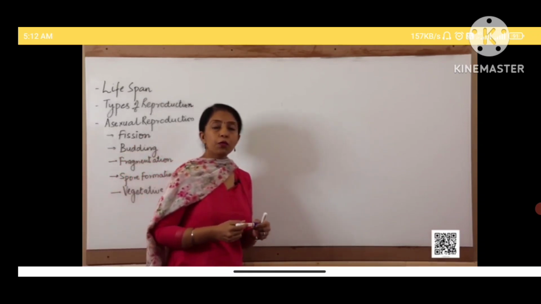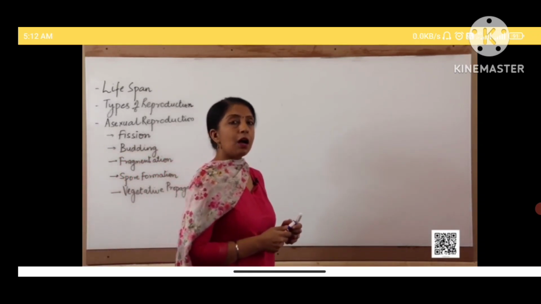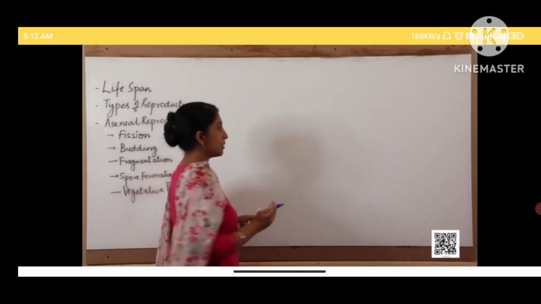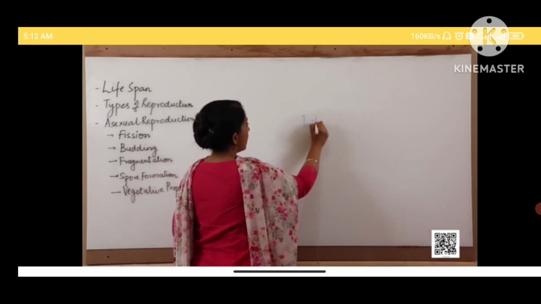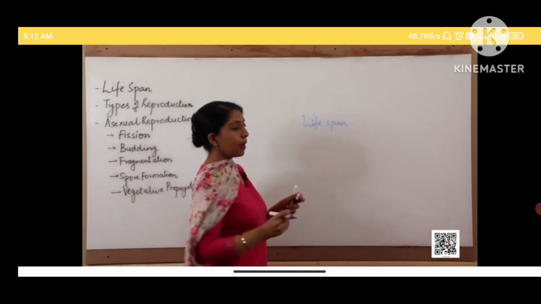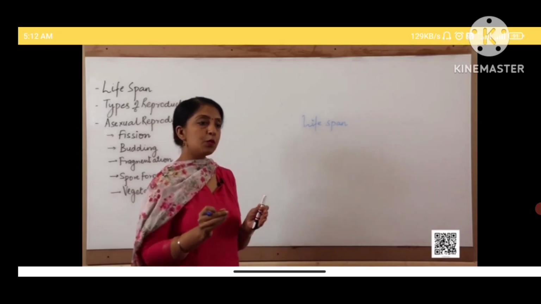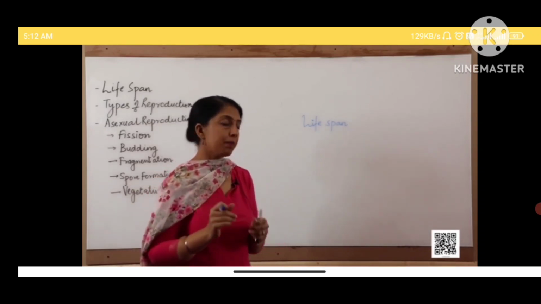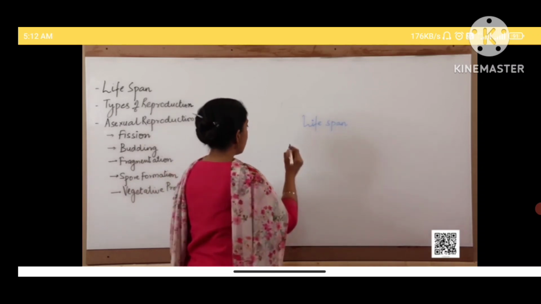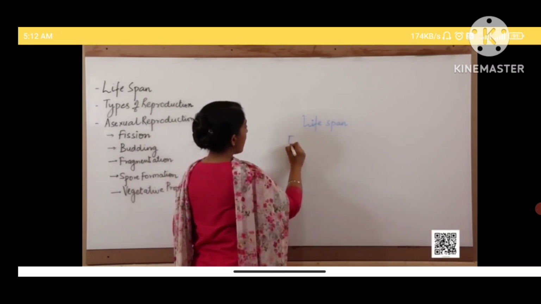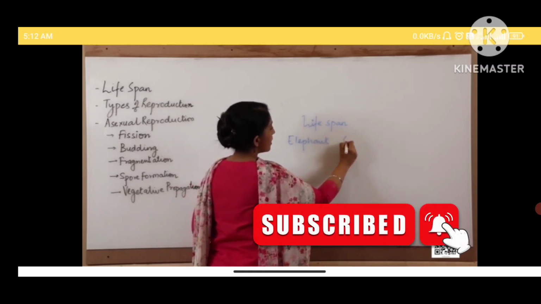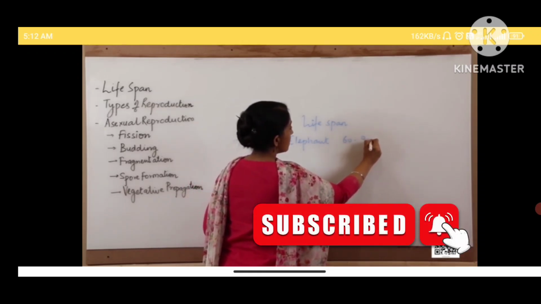Before we move further, let us discuss lifespans a little more. As we said, lifespan is the duration of an organism's life between birth and death. Let's consider the lifespan of some organisms. For example, the lifespan of an elephant is about 60 to 90 years.